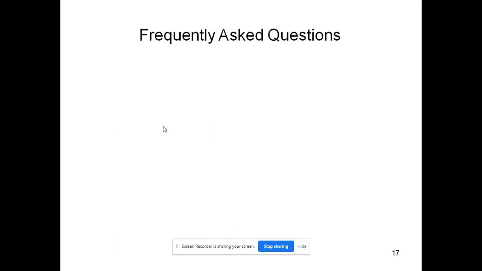Now let us see some frequently asked questions regarding this topic. This is the frequently asked question and the most important one: derive the EMF equation of a DC generator.